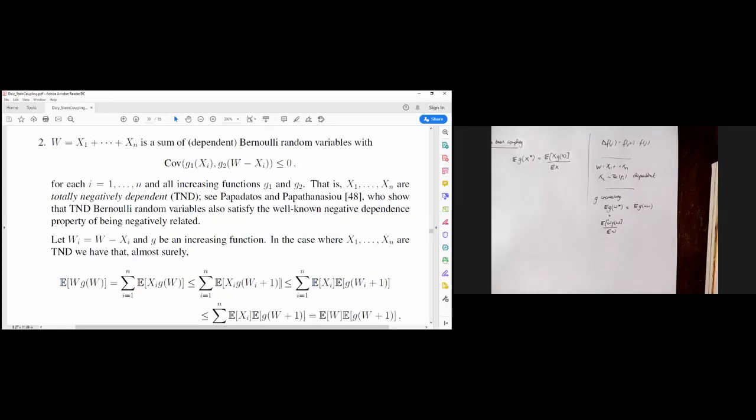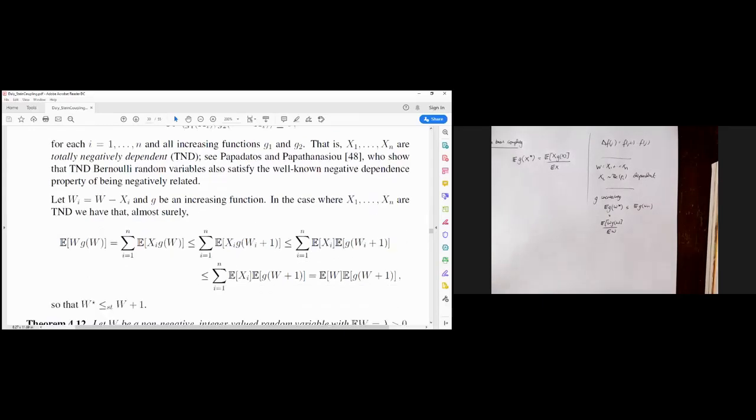So if the covariance is negative, that means the expected value of the product is smaller than the product of the expected values. Okay, so that's just using my definition of total negative dependence to pull apart that expected value of a product.